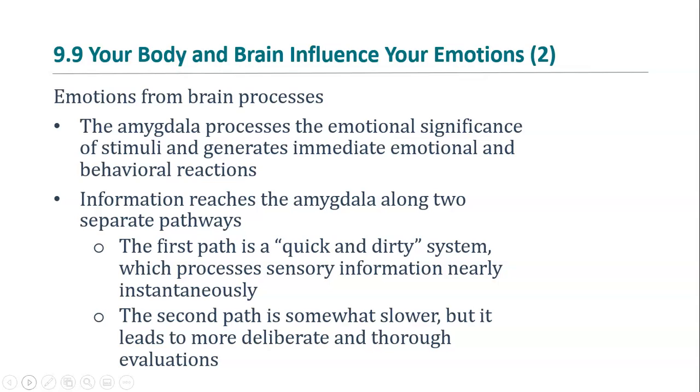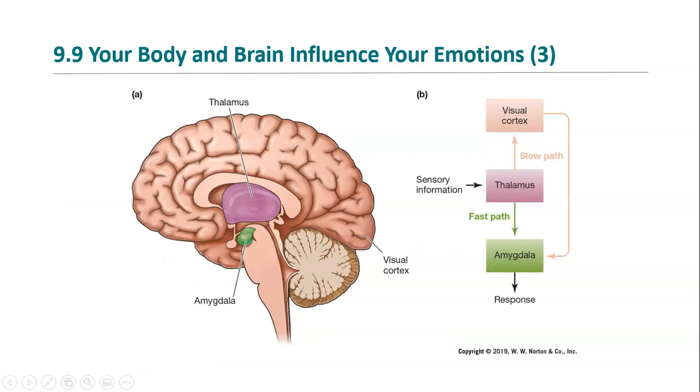And this results in an immediate feeling of emotion. And the second way involves going through the thalamus and then to the cortex, allowing for a more nuanced and deliberate evaluation of the situation, leading to a more reasoned approach to the emotion.